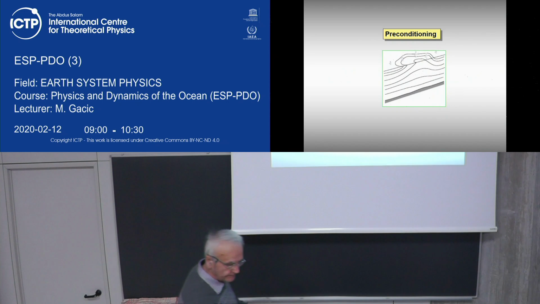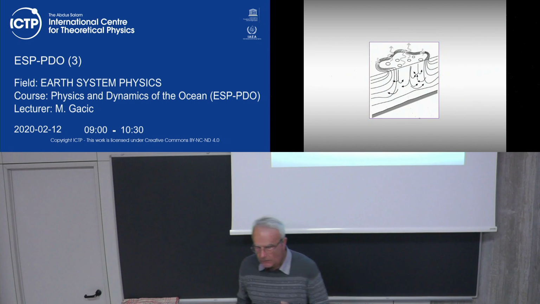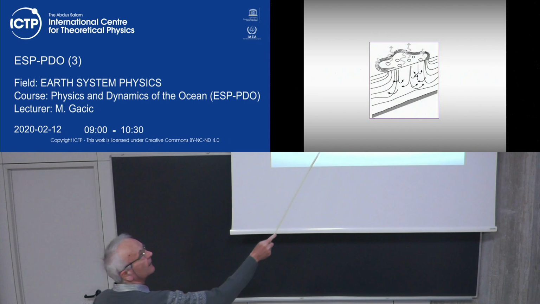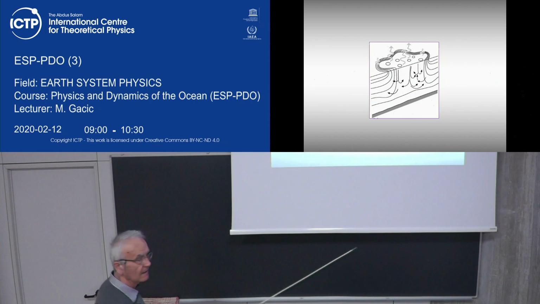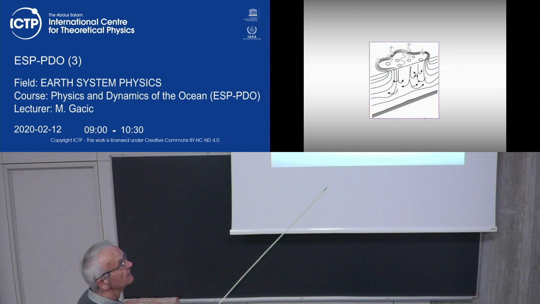And when there is a cold and dry continental wind starting to blow, there is the start of evaporation in the surface layer and loss of heat, because over this area there is a wind blowing.